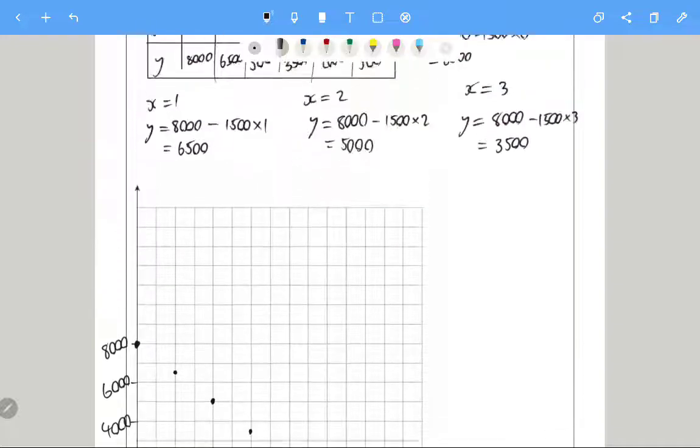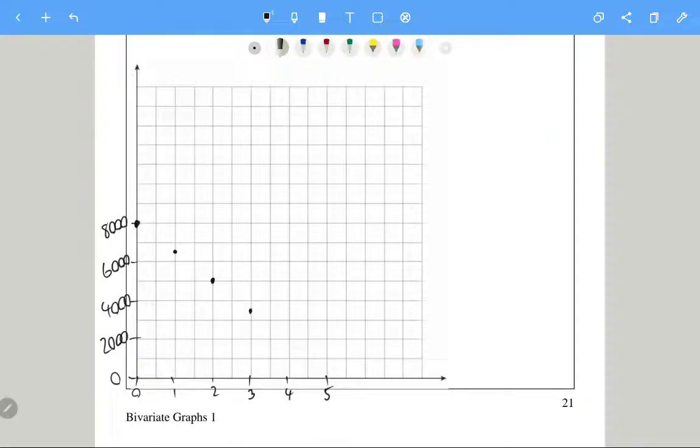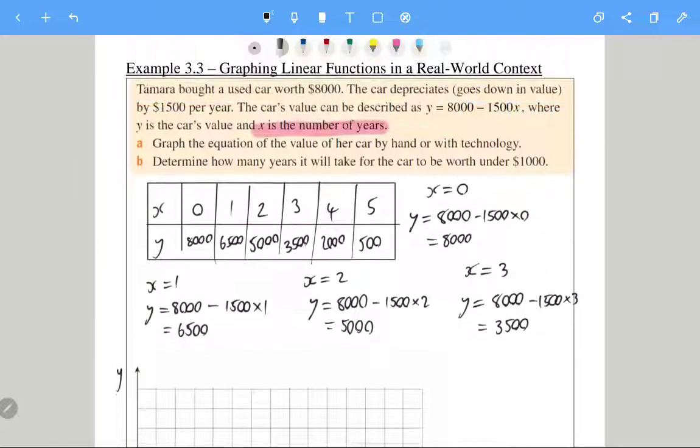So you've got to make sure, 3,500, that the numbers continue to be going in that beautiful straight line. And you'll know you've done it correct if you can draw a straight line through. And always good to write in your equation. X and Y, and we're all finished.